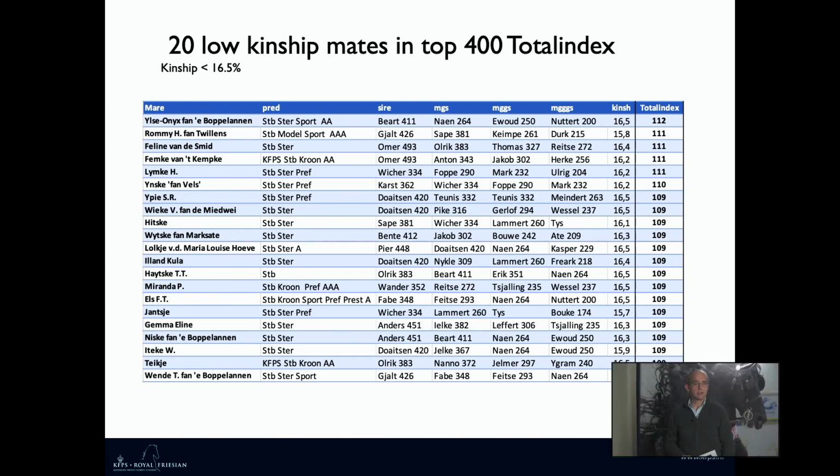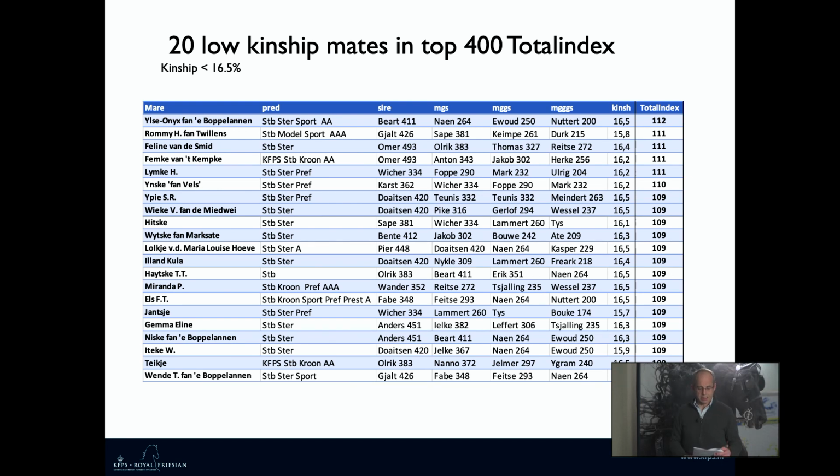This sheet shows the 20 low kinship mares that have a kinship lower than 16.5, so that's more than a percent below average. And you see that they still score rather high in the total index.